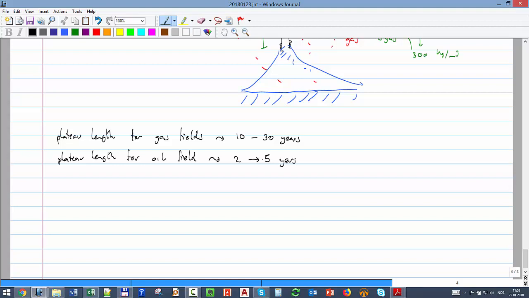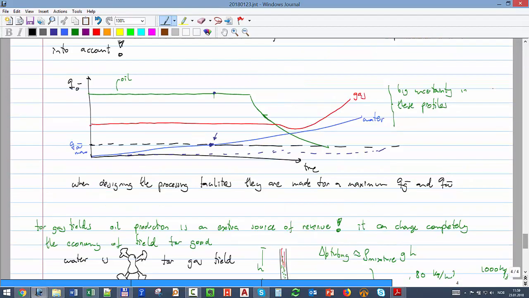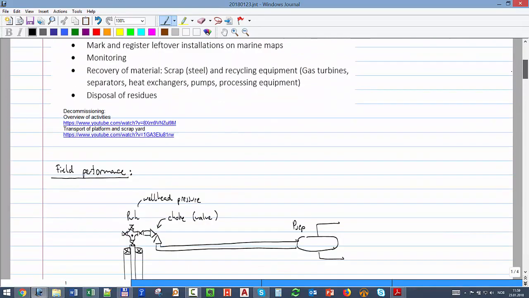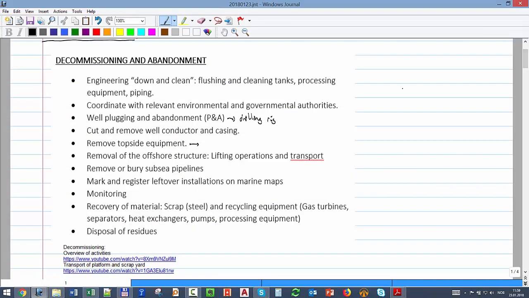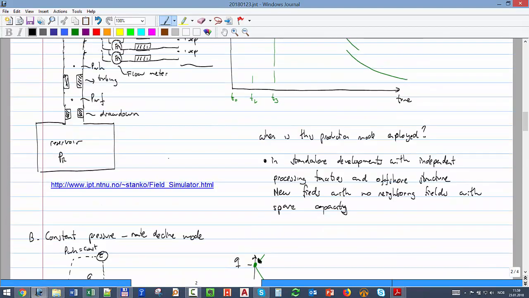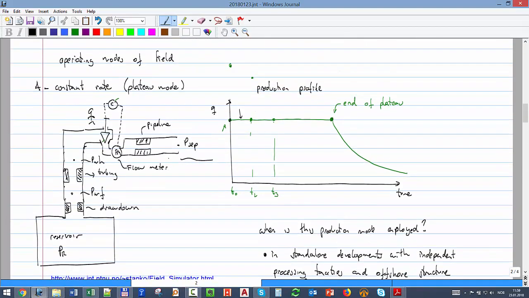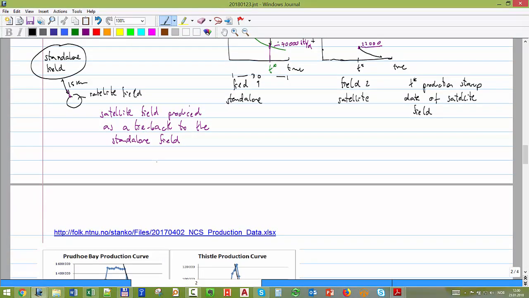Just to close, we covered the decommissioning part that was missing from last class, the last part of the phase. Not our main focus in this course, but important to mention. Then we talked about how the field behaves. There are mainly 2 production modes: constant rate or decline. Why do we choose one or the other?